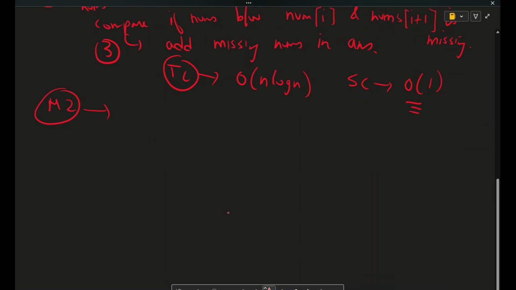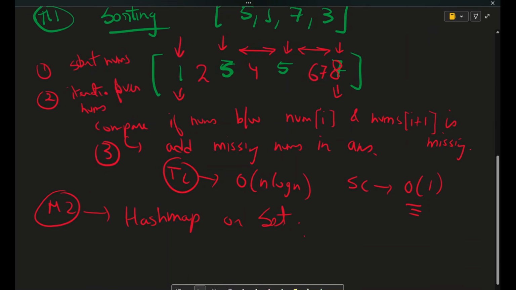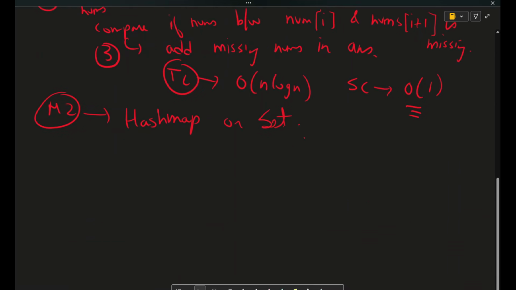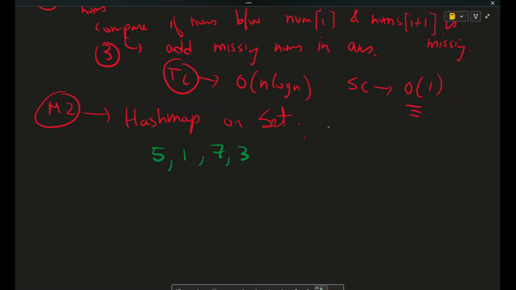Now the second method is using a hash map or set. What we will do in this typical approach is, as we are given an array, I have taken 5173.